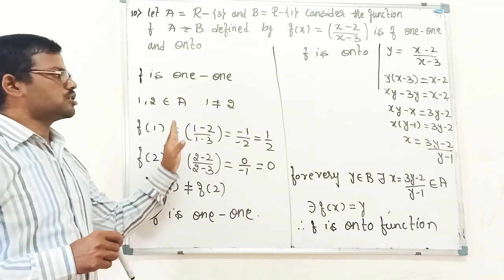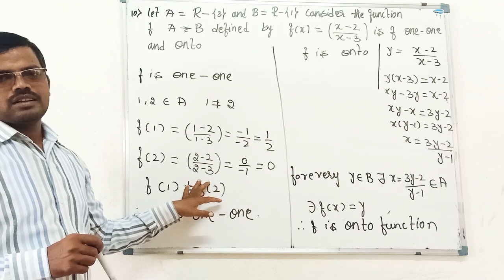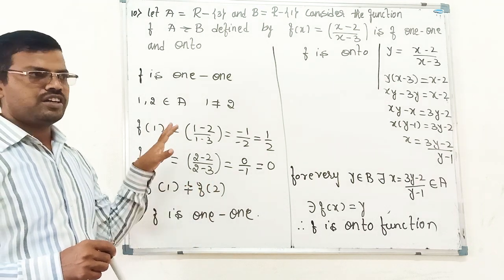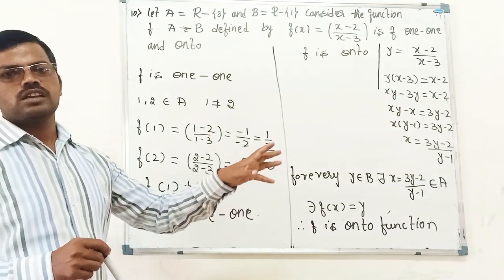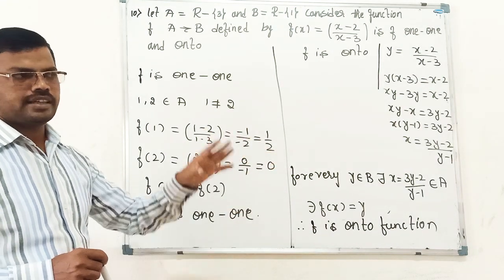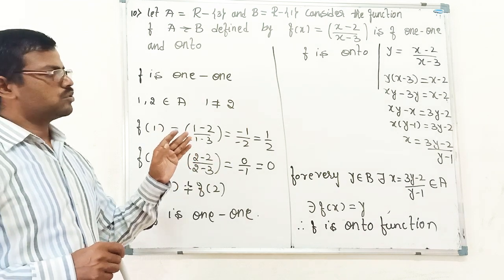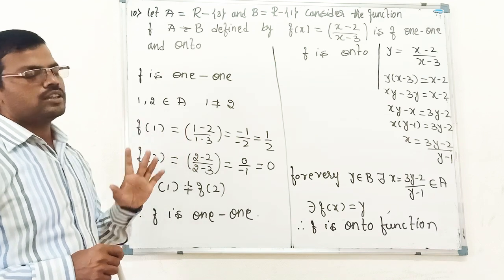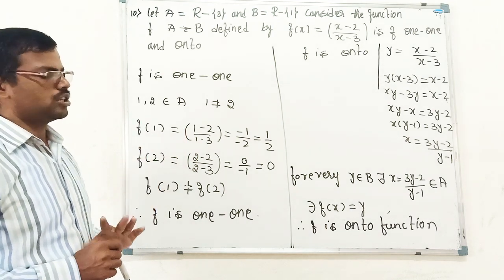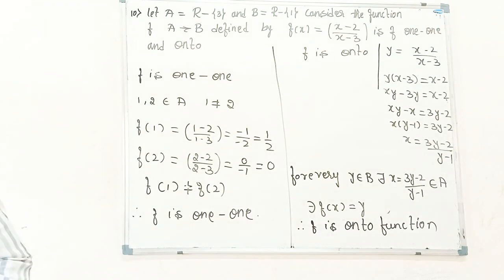If any function is both 1-1 and onto, then it is called a bijective function. If any function is a bijective function, then it is an invertible function. If any function is invertible, then it has its own unique inverse. Those concepts we have to state. So first we recall what we mean by the composition of functions and invertibility.